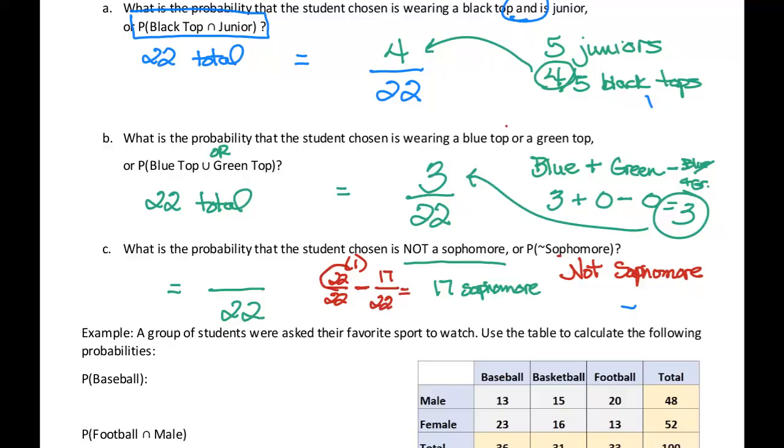So what is 22 minus 17? It's 5. Okay, so not a sophomore means there are 5 out of 22.